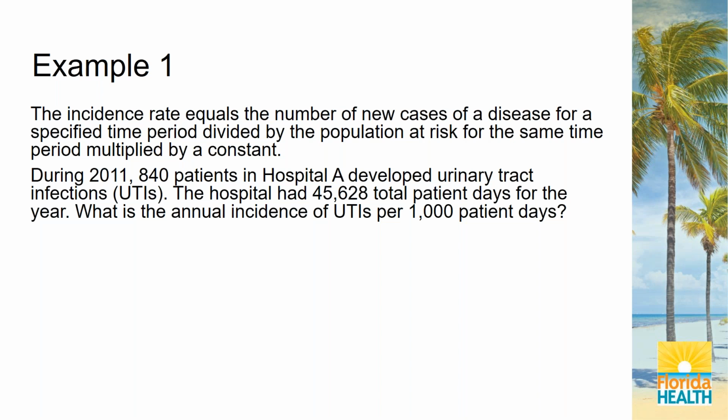The hospital had 45,628 total patient days for the year. What is the annual incidence rate of UTIs per 1,000 patient days? Okay, I'm going to give you guys a second to go over this.